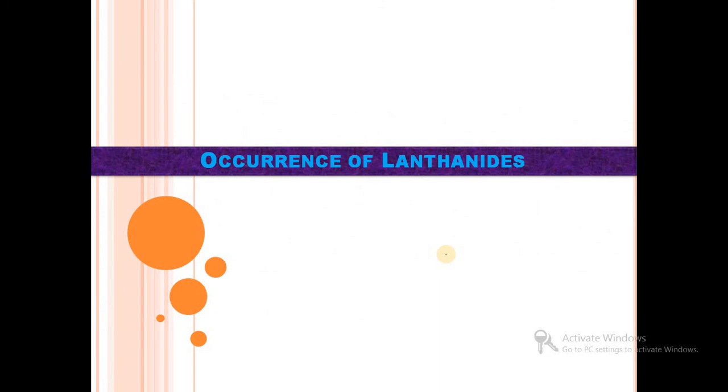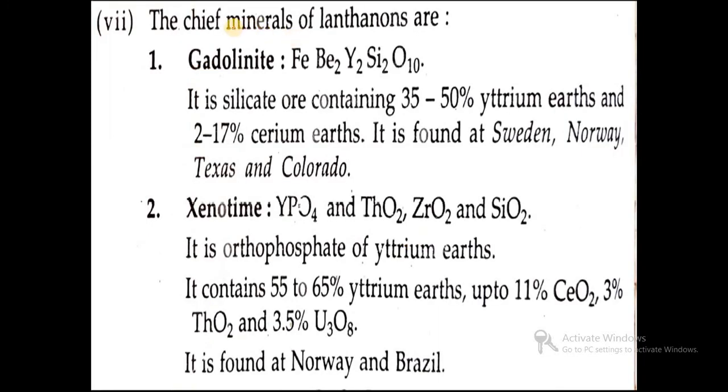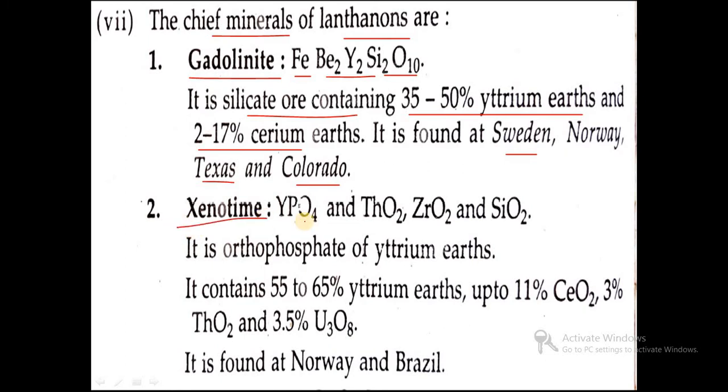Next we will see the occurrence of lanthanides. The chief minerals of lanthanons are: first, gadolinite. Formula is FeBe2Y2Si2O10. It is a silicate ore containing 35 to 50% yttrium earths and 2 to 17% cerium earths. It is found in Sweden, Norway, Texas and Colorado. The second mineral is xenotime.